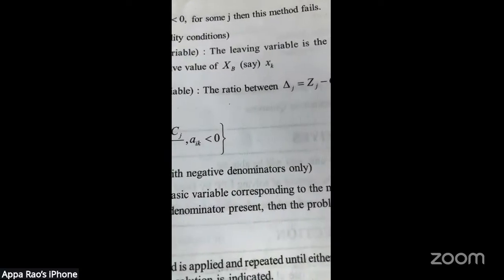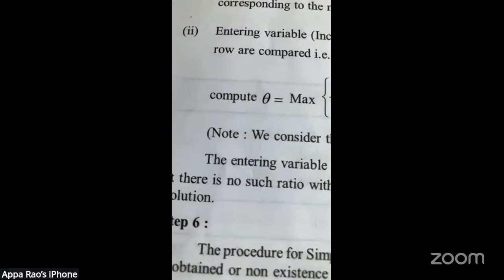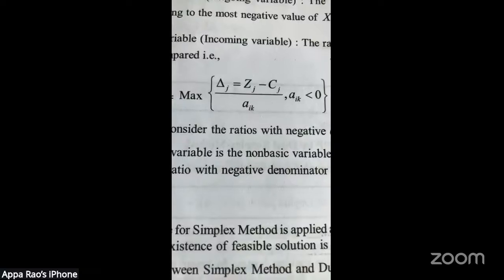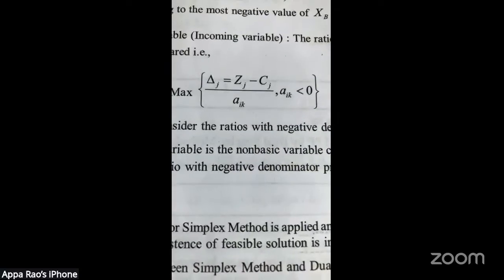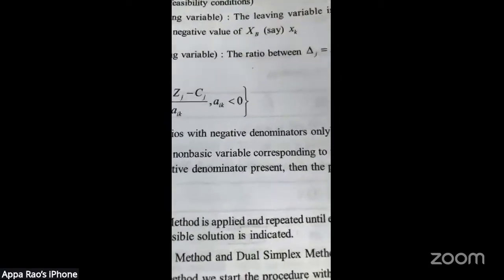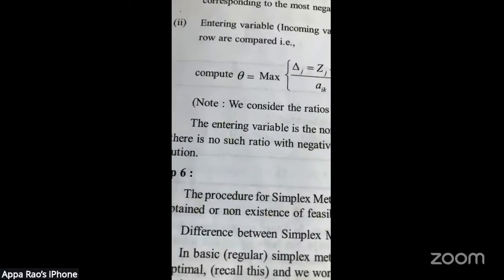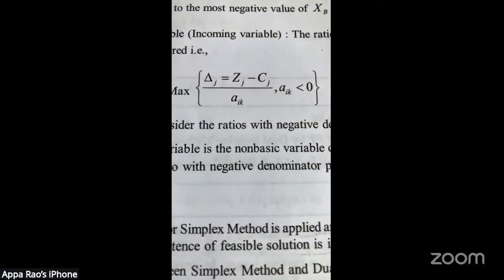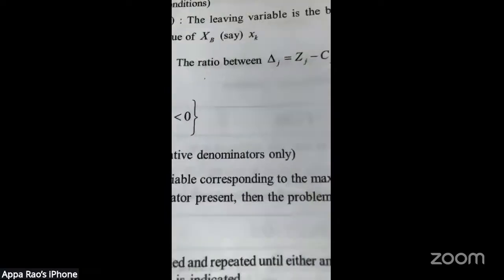The ratio between delta j, which equals zj minus cj row, and the key row corresponding. So compute theta equal to the maximum of (delta j equal to zj minus cj) divided by aij, where aij is less than 0. Now we consider the ratio with a negative denominator only.